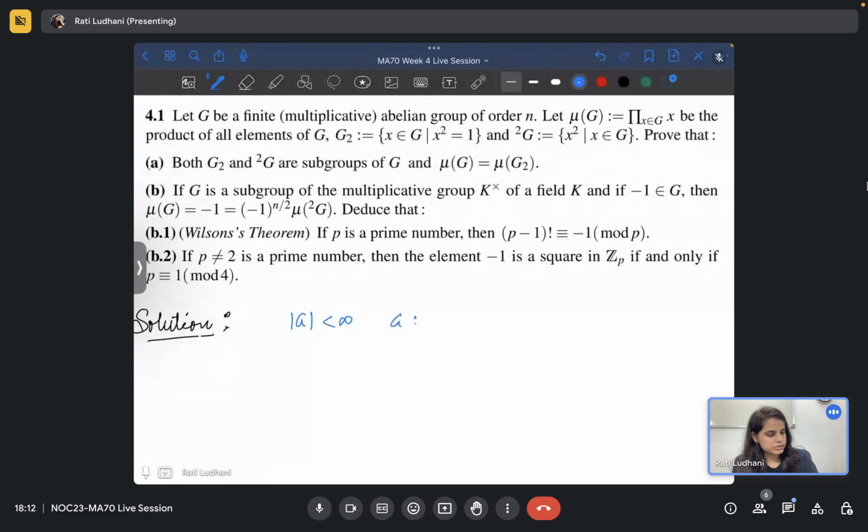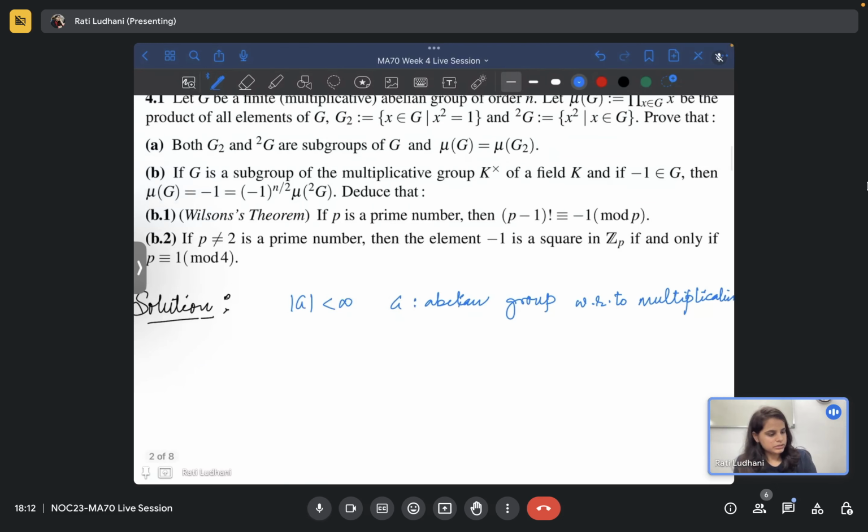And G is an abelian group with respect to multiplication. And the order of G is given to be n. Let mu G be equal to the product of all the elements of G. It is just a notation.